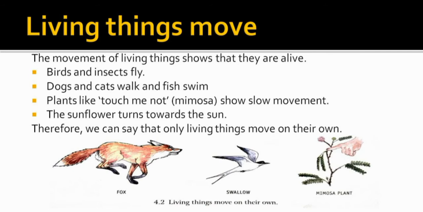The leaves are being closed. The sunflower turns towards the sun. So the movement is shown by living things but not by non-living things. Hence we can say that only living things can move on their own. But have you seen a table moving by itself? No. So non-living things cannot move by themselves.